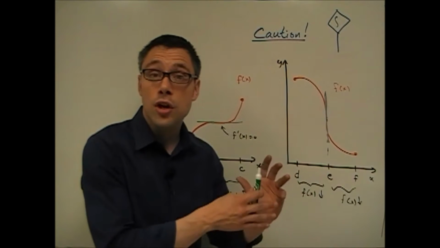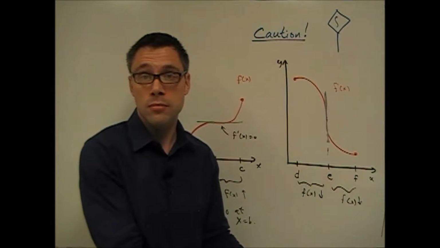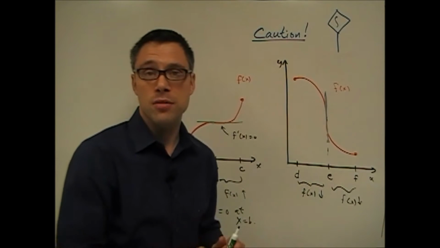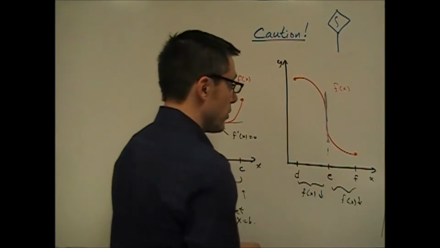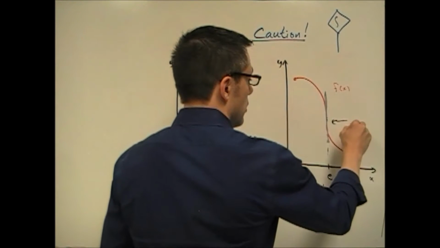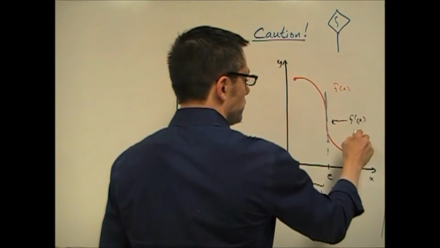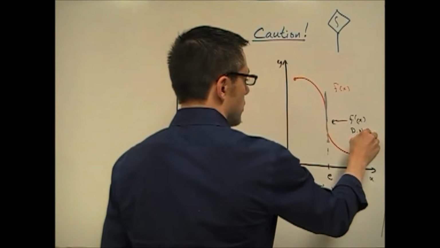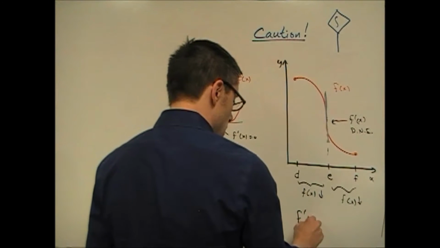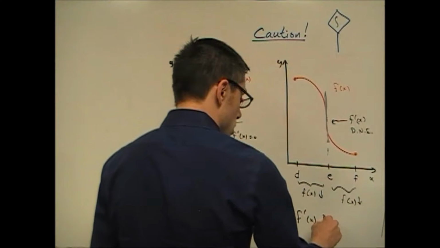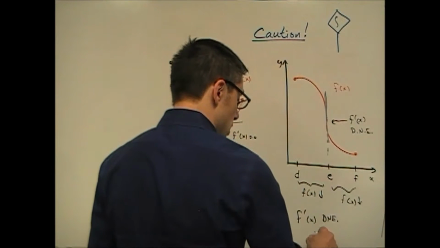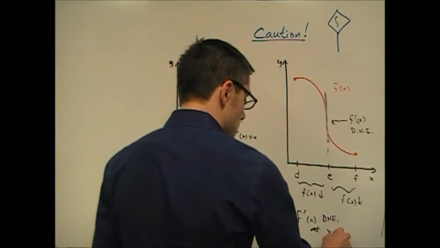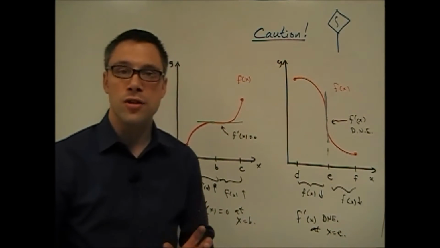So clearly it's a critical value of the function, but it's not a transition point. Okay? So I can write that over here: the derivative of f of x does not exist, DNE, at the point x equals e, at a particular point in its domain.